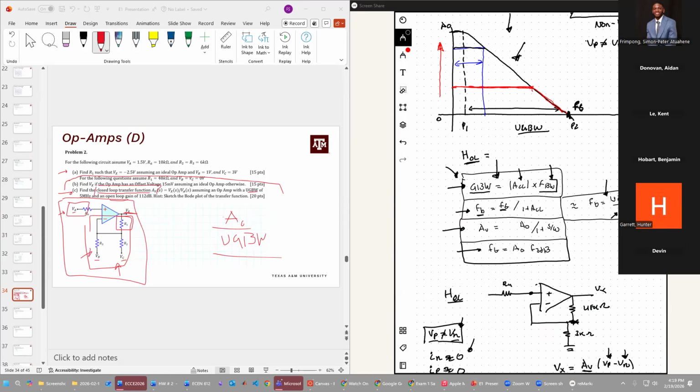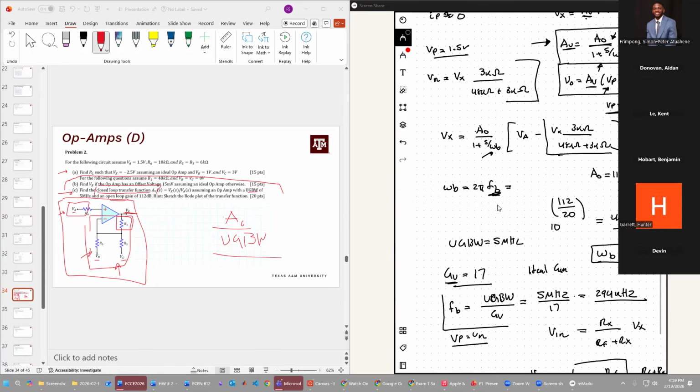If you wanted to find the frequency, you're basically finding the bandwidth that your op amp is operating at given the operating conditions. But yes, Aiden, sorry, I think I'm understanding your question. Okay, all right, you guys good if I move on to another problem?